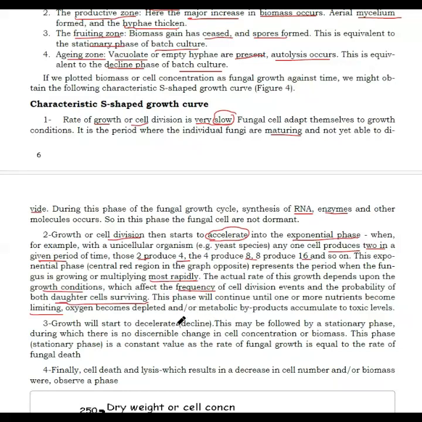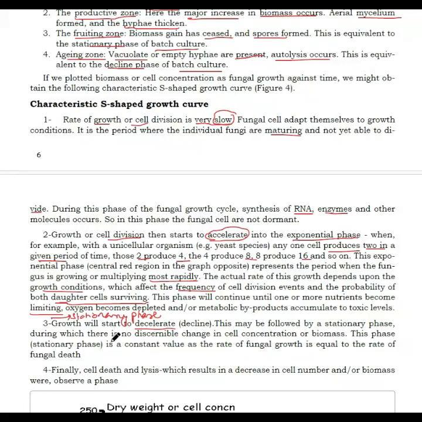After the accelerated exponential phase, there will be the decline phase, the aging phase. But between them, there is another phase, which is the stationary phase. And after the stationary phase, there is the decline phase.